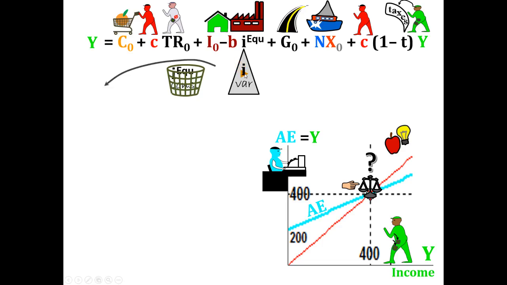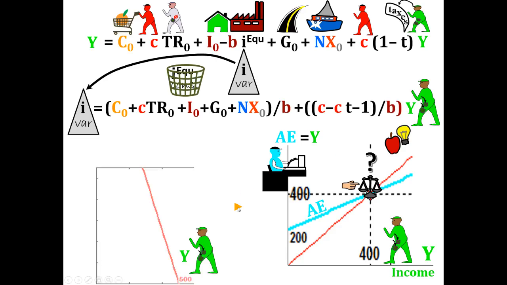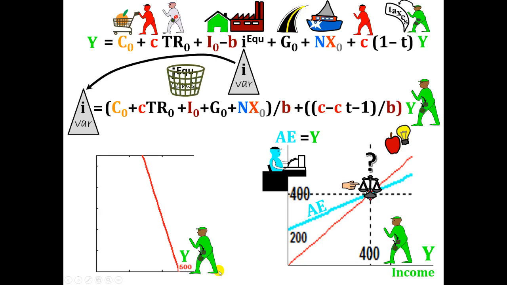So if we isolate the interest rate, then we get this expression, and now we have only two variables: y, which is income, the independent variable that we draw in the horizontal axis, and then the interest rate, the dependent variable that varies along the vertical axis.